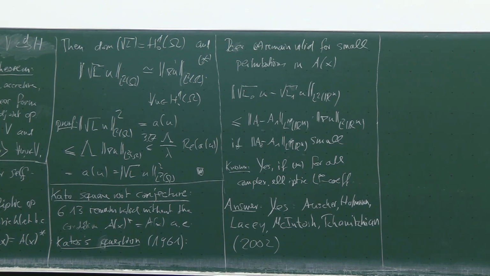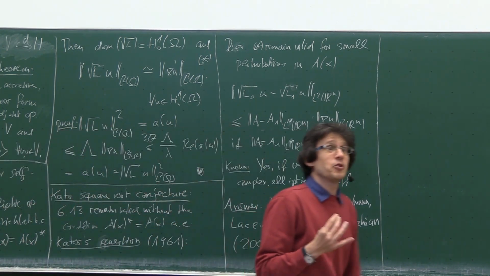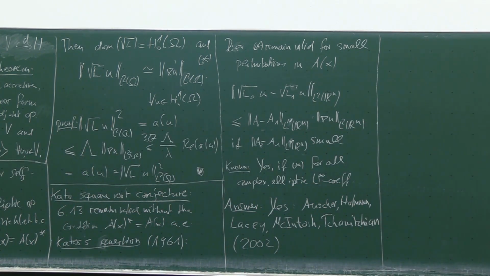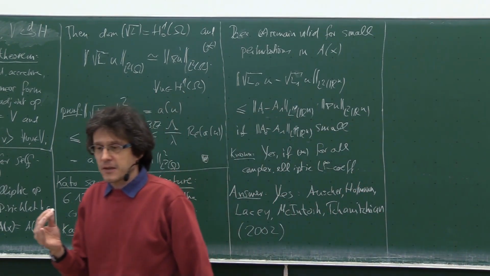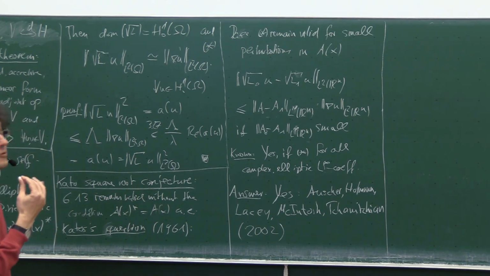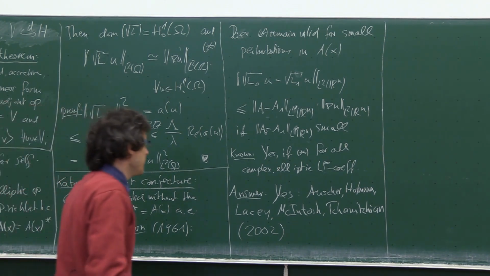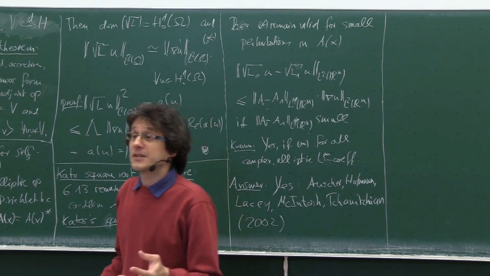So this is one of the aims that we had, and it will be 5 more lectures from now, so 5 more weeks from now, just to show you the techniques and the methods that needed to be invented to prove this conjecture.